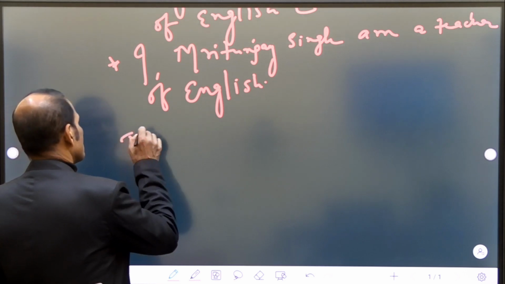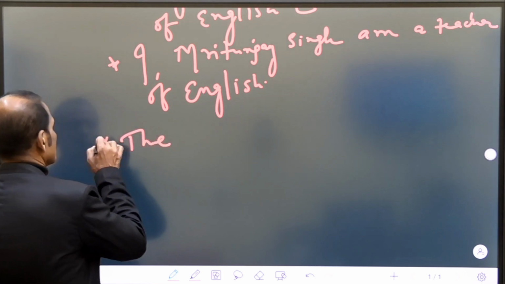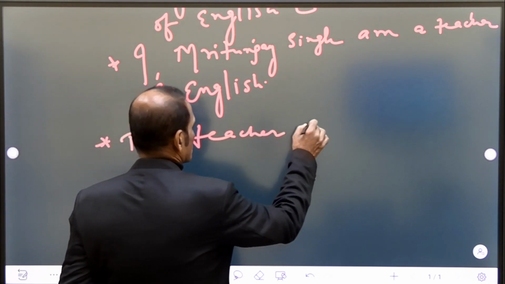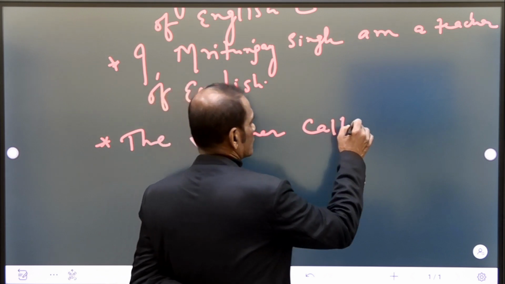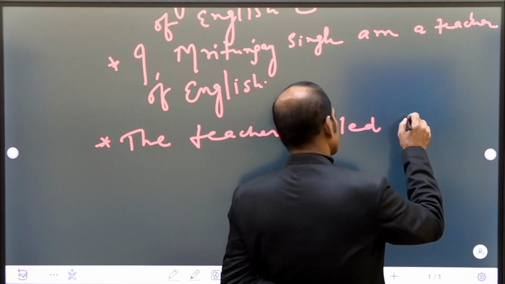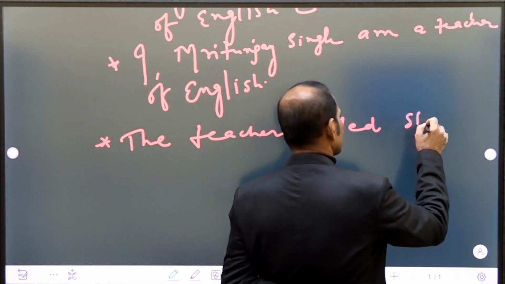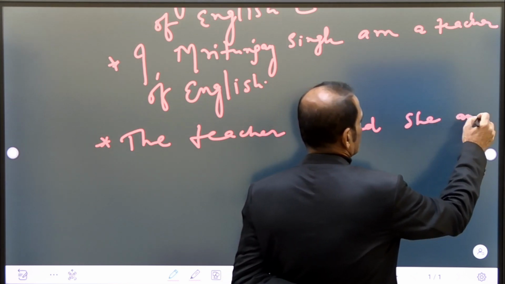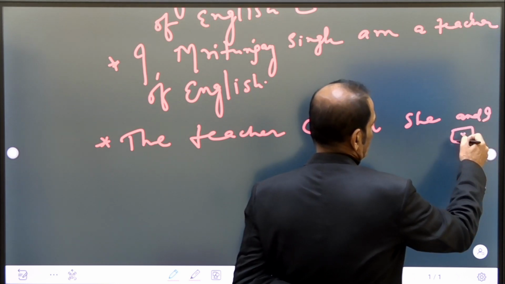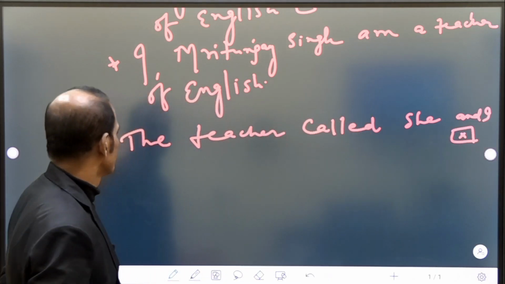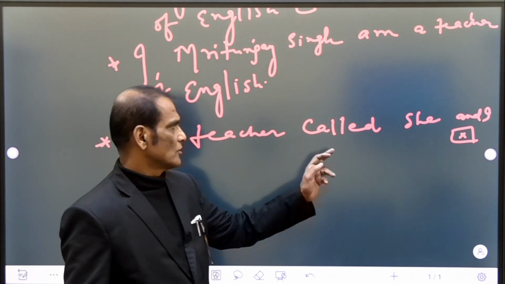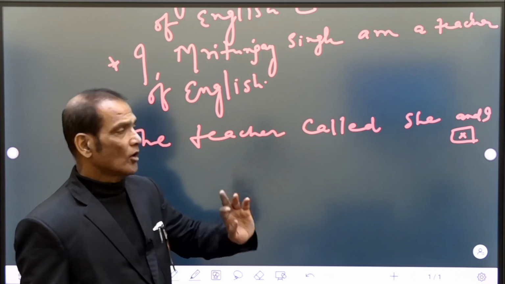The next example: The teacher called she and I. This one is wrong because here call is verb, so it needs object.